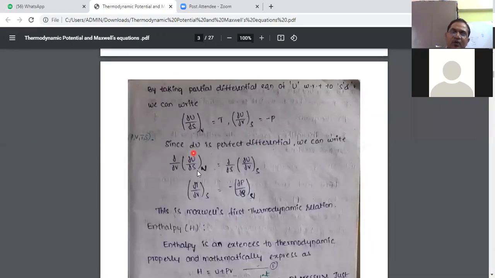But ∂u/∂s at constant v, what do we get? T. Then (∂T/∂v) at constant s is equal, on the left side, to ∂/∂s of ∂u/∂v. ∂u/∂v at constant s is equal to minus p.